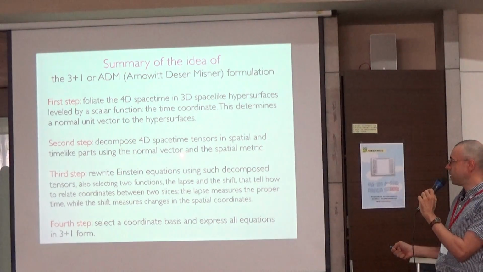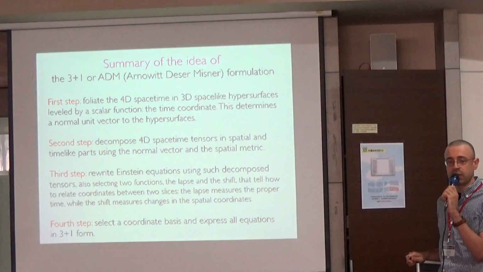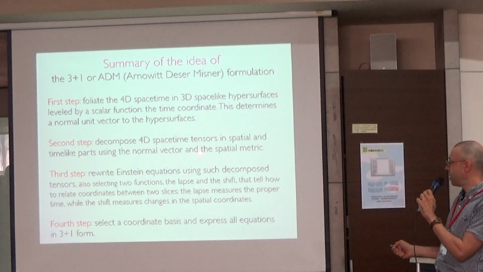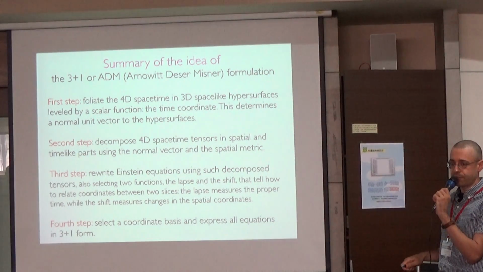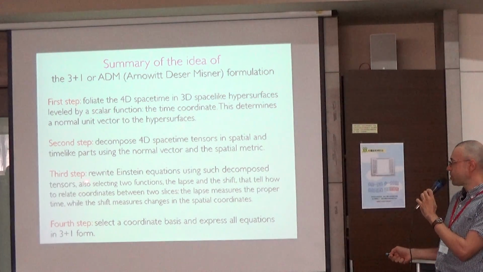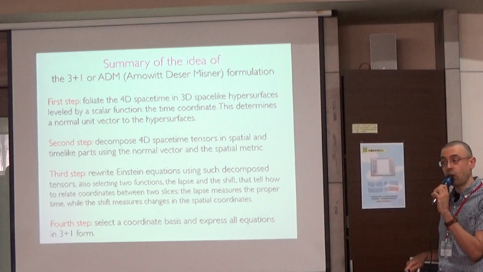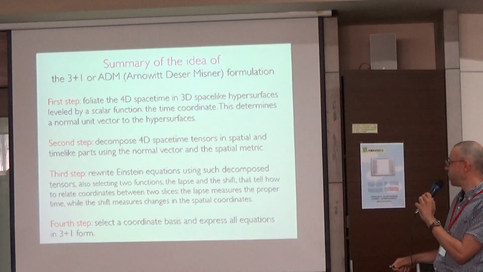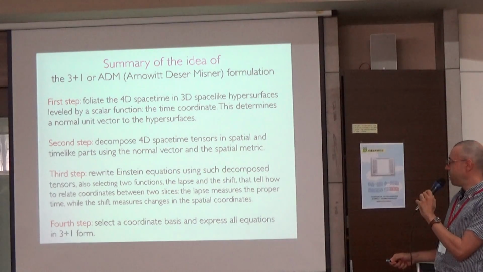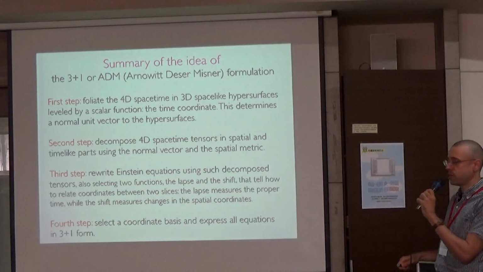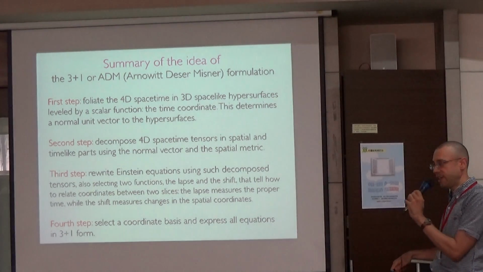Second step, decompose all four-dimensional spacetime tensors into their spatial and time-like parts. Third step, rewrite the Einstein equations using these decomposed tensors. And the fourth step, select the coordinate basis and express all equations in the 3+1 or ADM form.